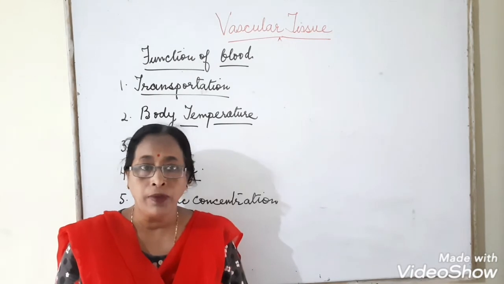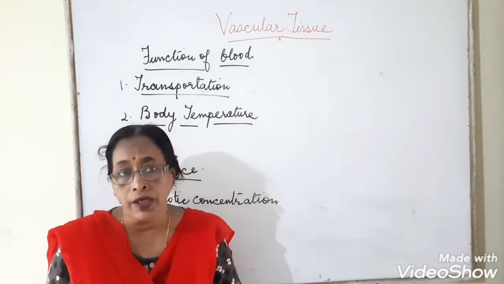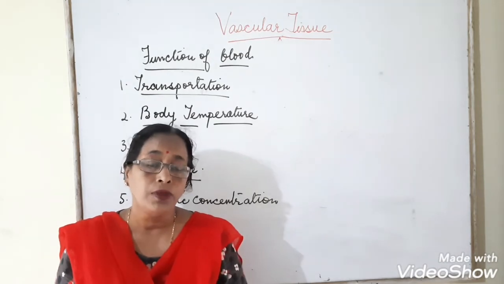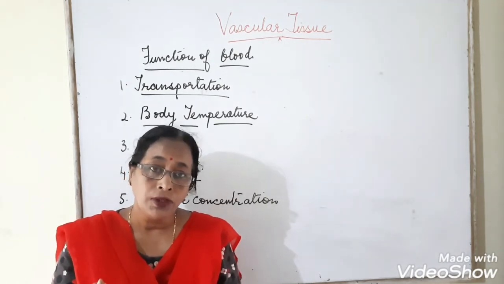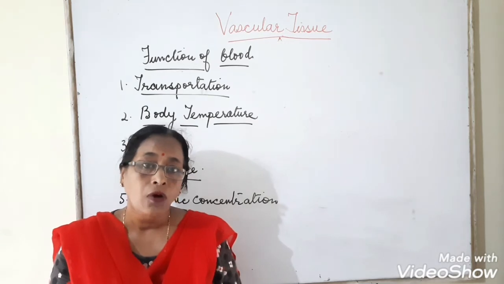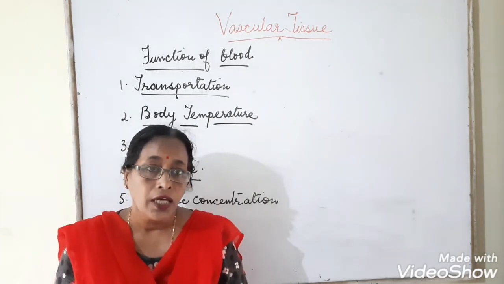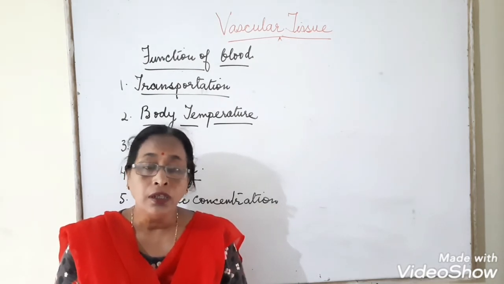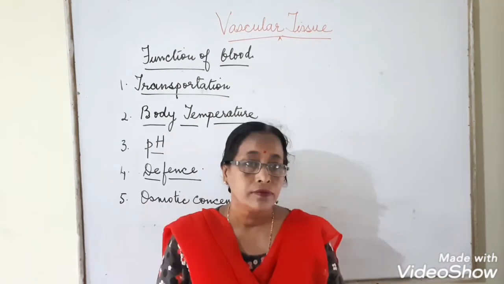The clotting of the blood or the coagulation of the blood is an important factor which prevents heavy loss of blood during any emergency, surgery or any accident, and this saves the life. Heavy loss of blood may prove to be fatal.